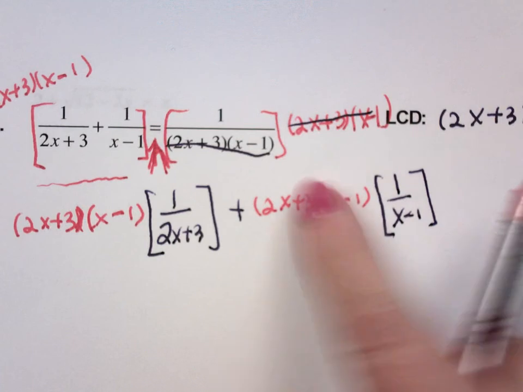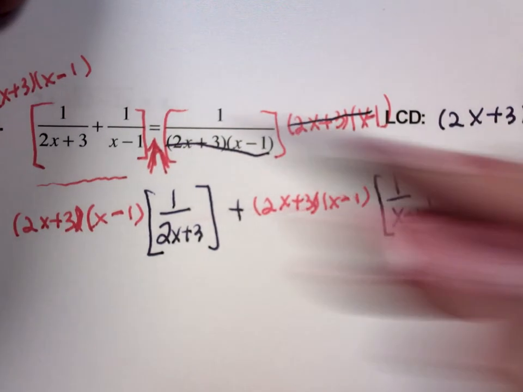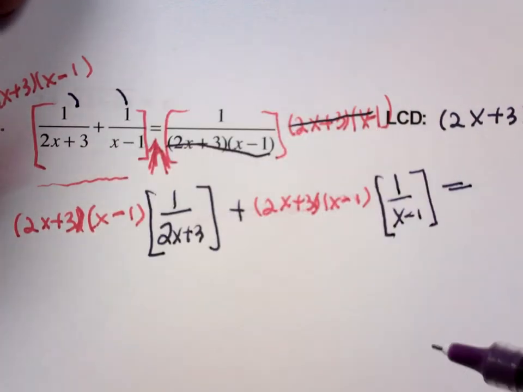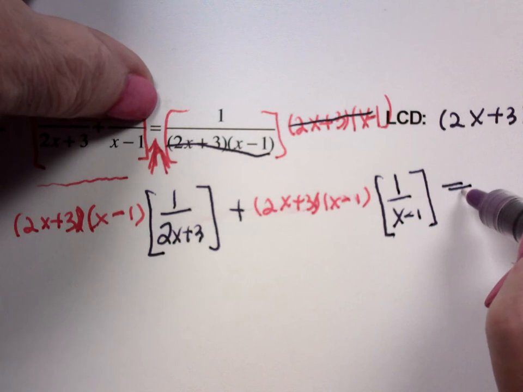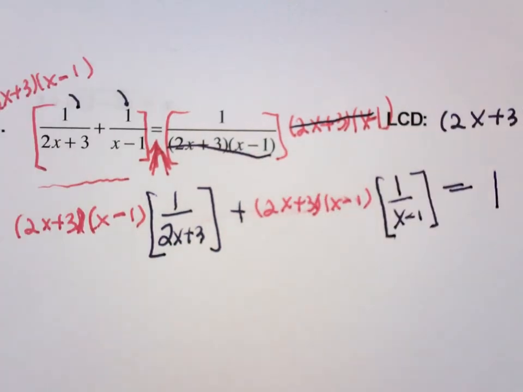And then I have my equal sign. Once I've multiplied this through using the distributive property, that denominator completely went, and it's equal to 1.